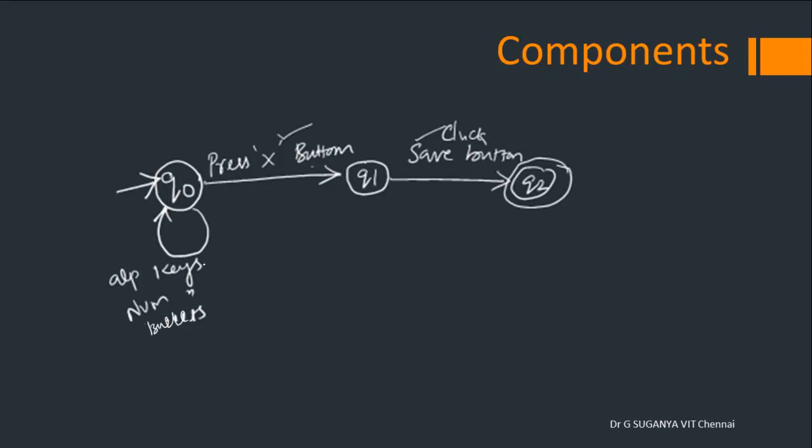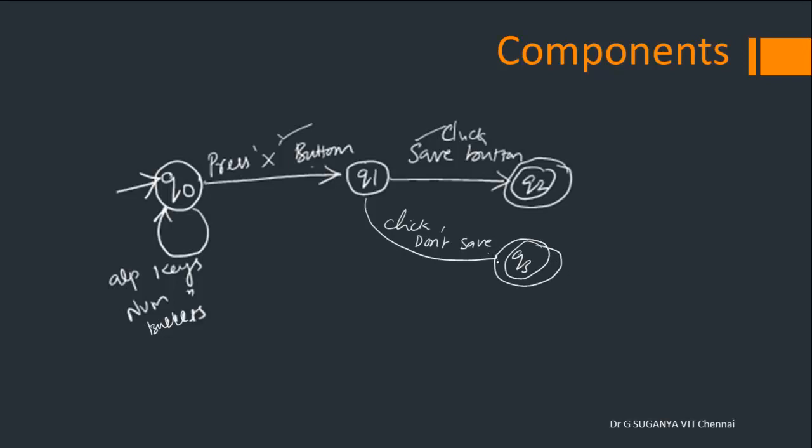Let's try to complete this task. You will be given three buttons: one is save, another is don't save, and the third is cancel. When I press the save button, the system should take you to one state which has to instruct to load the contents onto the hard disk. If I click on don't save, it should take me to another final state.